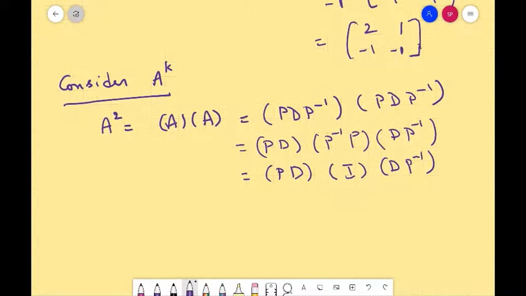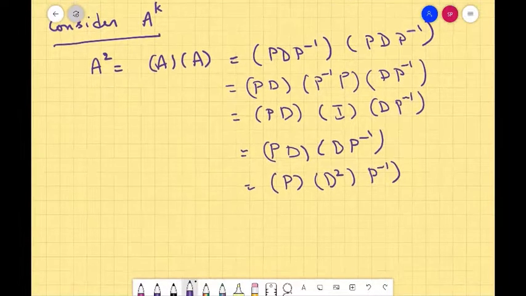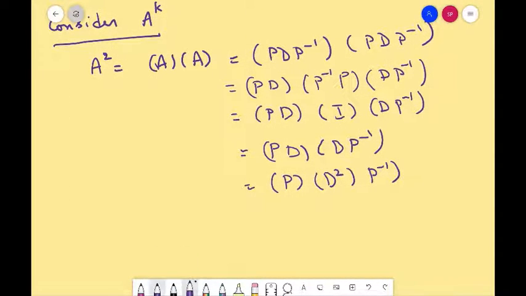Now this will be equal to P into D into D P inverse, which is equal to P into D square into P inverse. So you have that A square is equal to P D square P inverse.